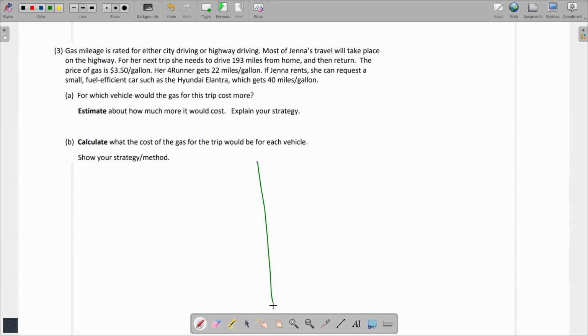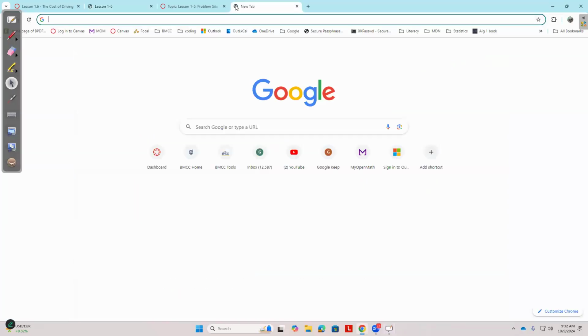So side note is the 193 from home and then return means the total miles is 193 times 2, and it's calculator time. Desmos, your favorite calculator.